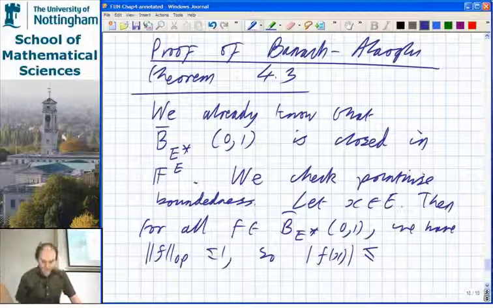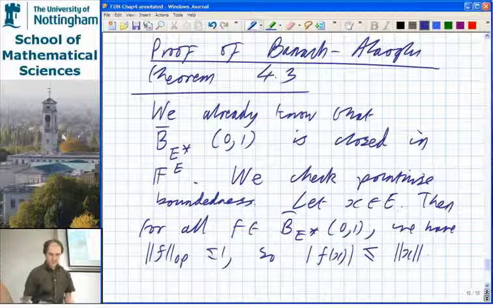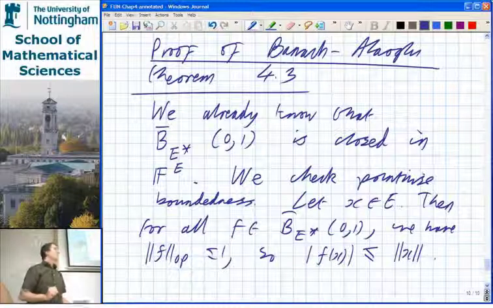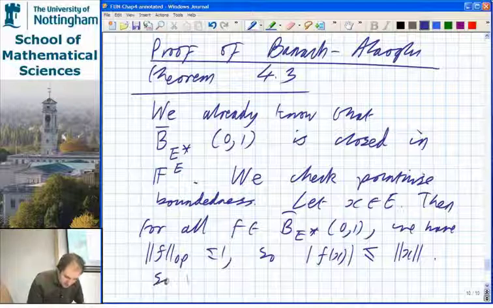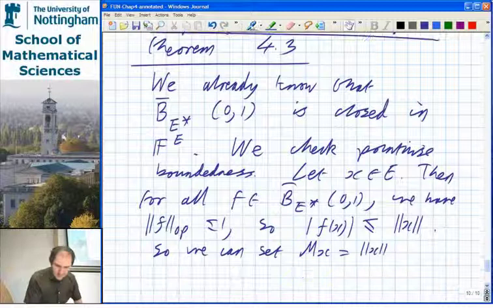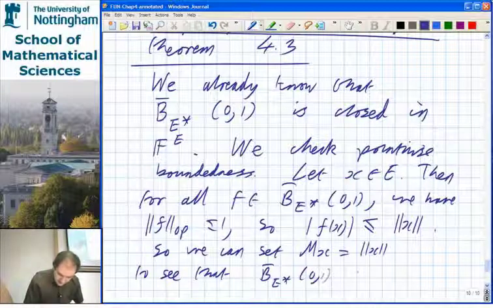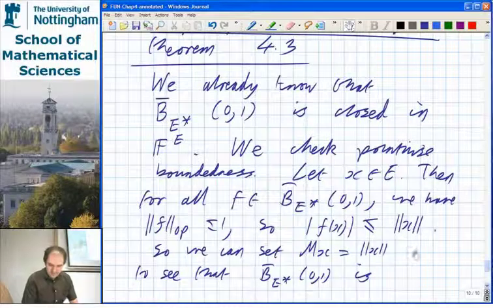I knew you meant the right thing. So you're at most the norm of x. Well, that's just a bound depending on x. It doesn't depend on f. So we can set M_x equals norm of x to give us our pointwise bound, to see that the closed unit ball is pointwise bounded, and the result follows.